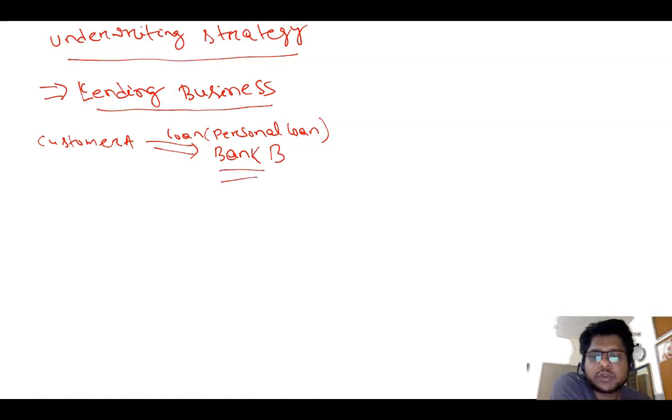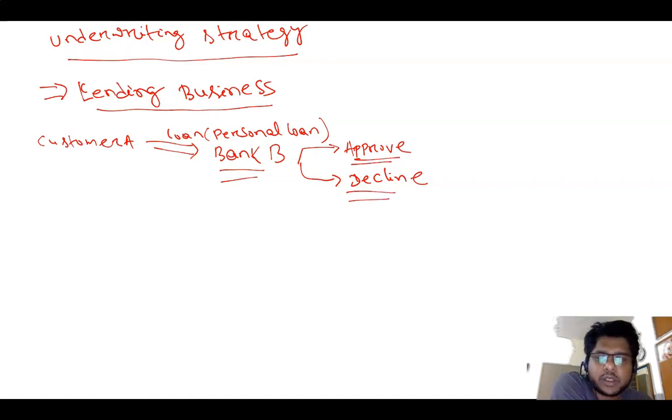Now the bank has certain options. Option A is it approves the loan. Option B is decline. Approve means it approves the loan and gives the personal loan to customer A. Decline is with a reason. Now in order to arrive at this decision, certain credit policy is formed. Policy is defined.